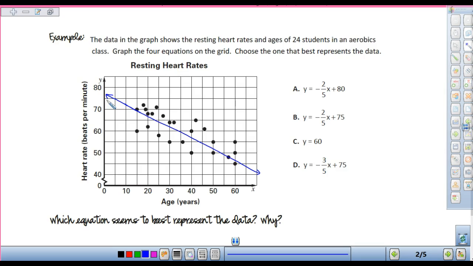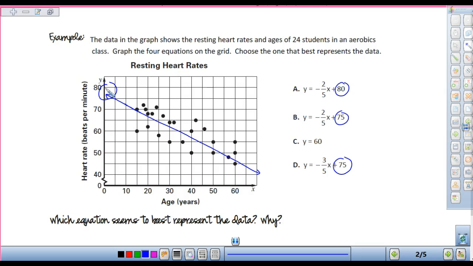So, if I'm going line of best fit, first of all, this out here stands for my y-intercept, or my starting point, right? Okay, so over here, my starting point is kind of between 75 and 80, right? So right now, it could be either one.